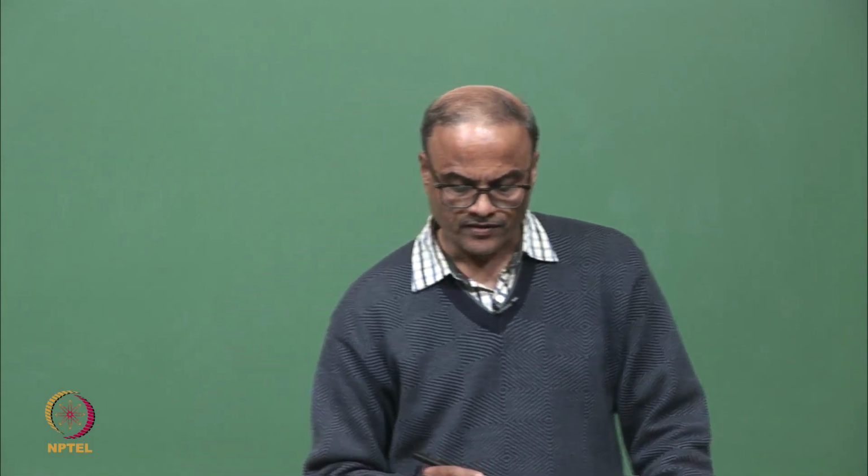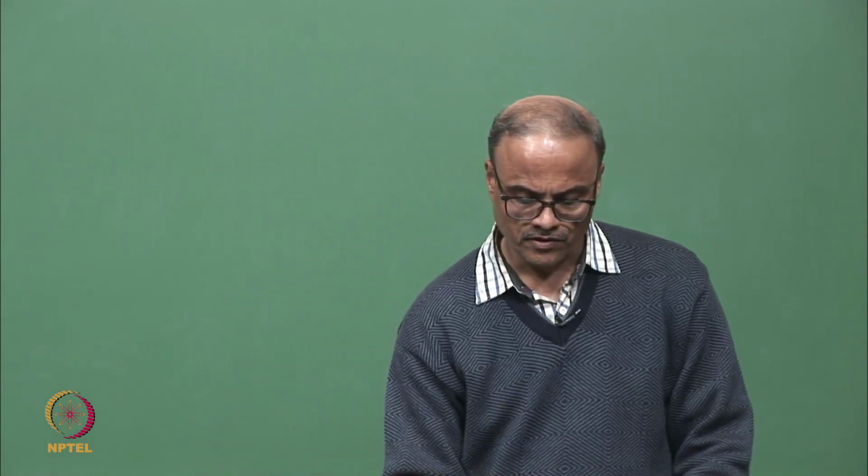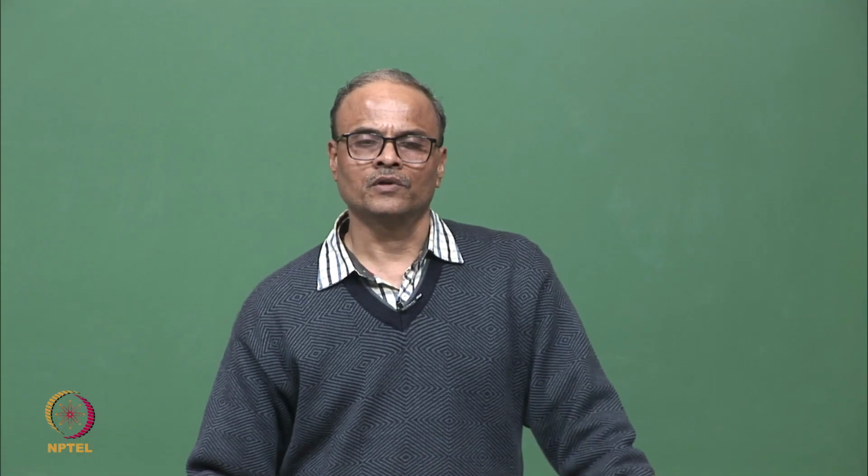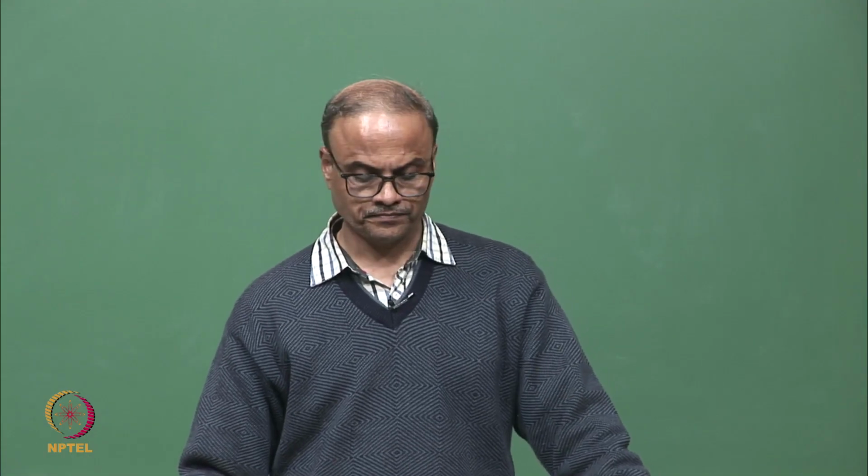So, this FRF matrix is symmetric. That is another important property of this matrix, right. FRF matrix is symmetric for a linear system. Since the modal analysis theory is based on the assumption of linearity, we would always assume that the FRF matrix is symmetric.